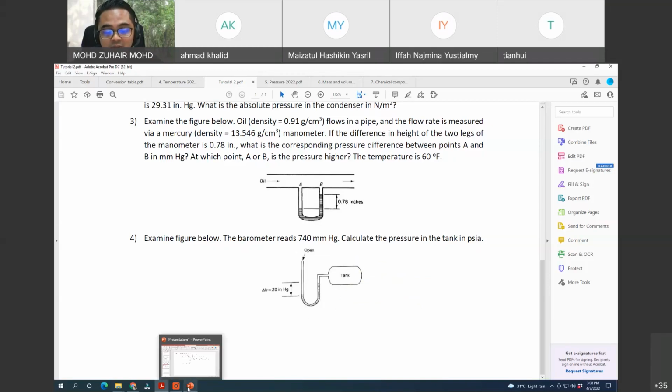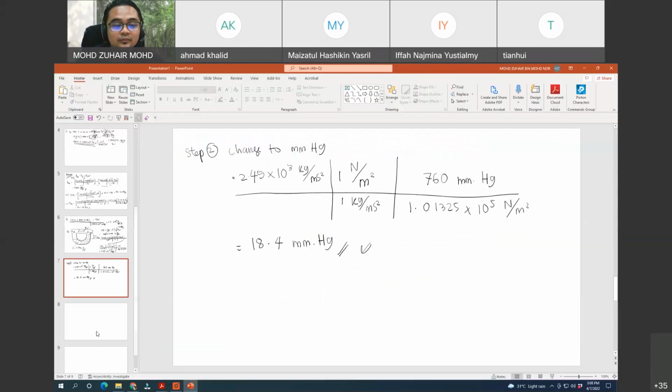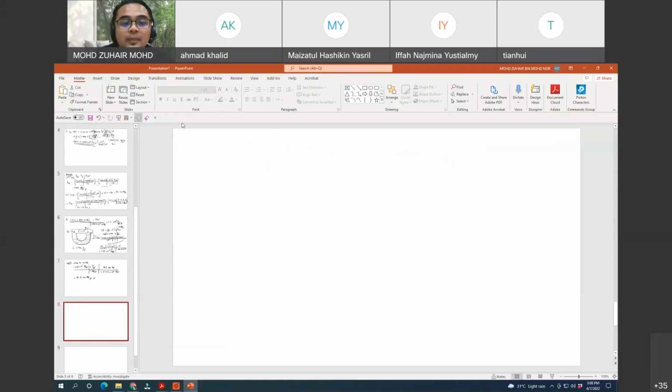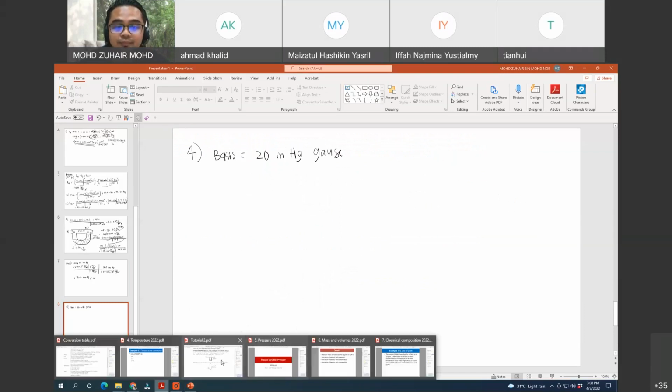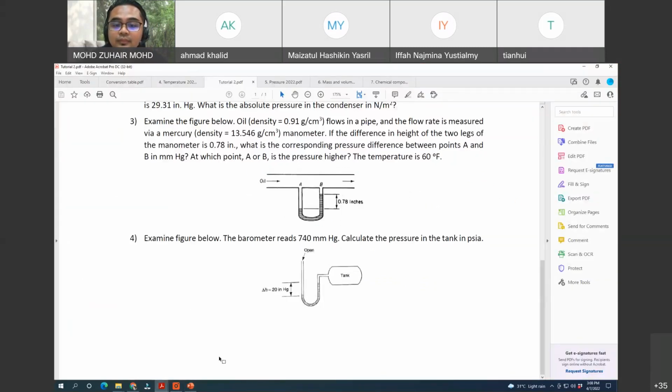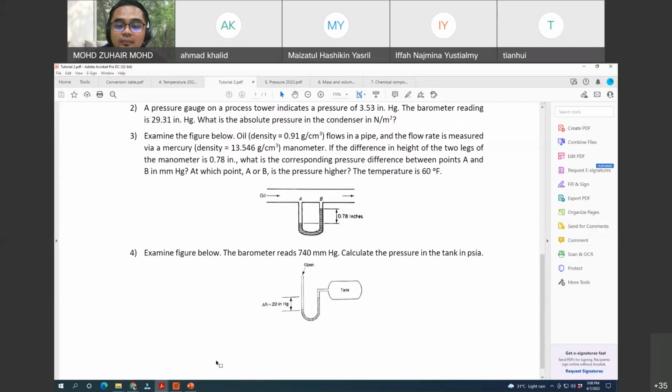Okay, so let's just do it. For question 4, okay, the basis, I'm just going to see the basis is 20 inch Hg gauge. Oh, okay.